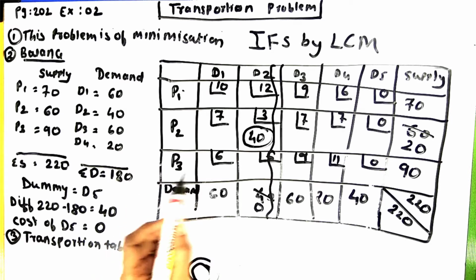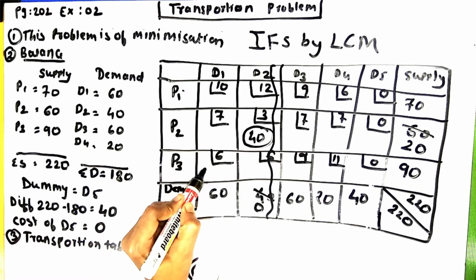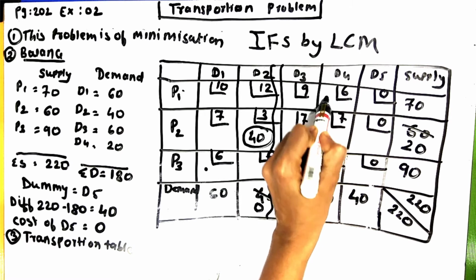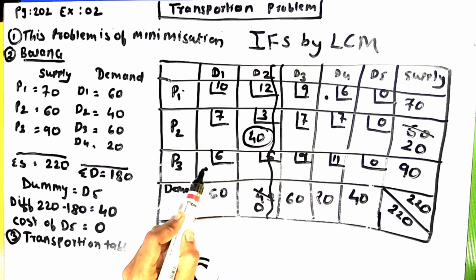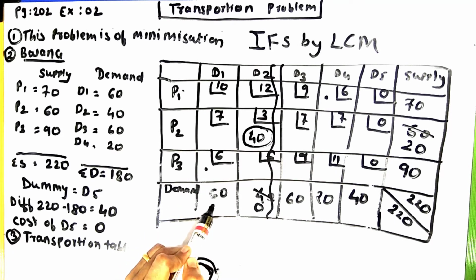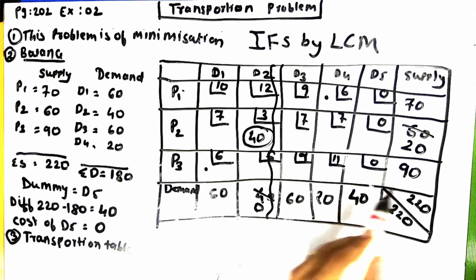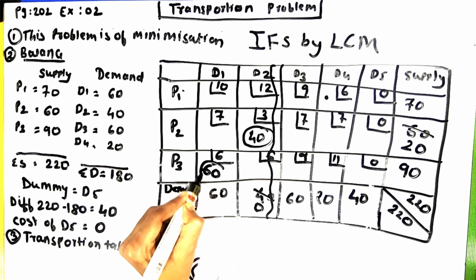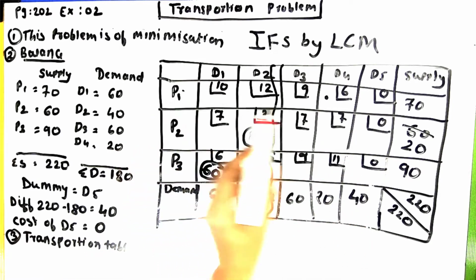If I give my first allocation in the cell having cost 6 at P3 D1, the demand side is 60 and the supply side is 90. Whichever is lesser, 60. So I would give 60 here as allocation. Then I have to check for P1 D4 as well.